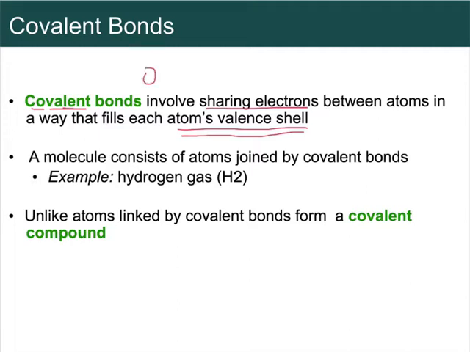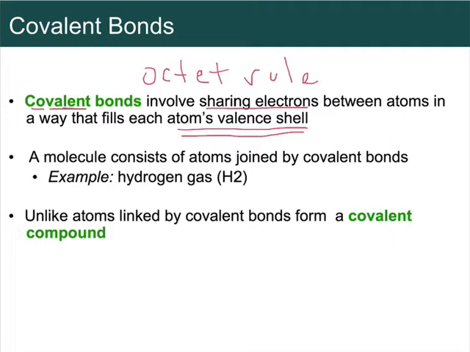There's this thing called the octet rule, which works most of the time. The octet rule is that atoms want to have 8 electrons in their outermost energy level, or 2 if it's the first one, remember, because the first energy level can only hold 2 electrons anyway. So for hydrogen gas, it can't have 8, but the octet rule is a good guide: they want to fill up that outer energy level, and usually it's with 8.